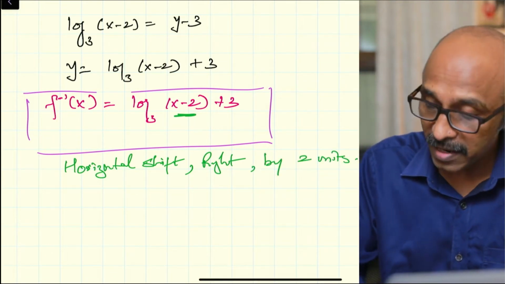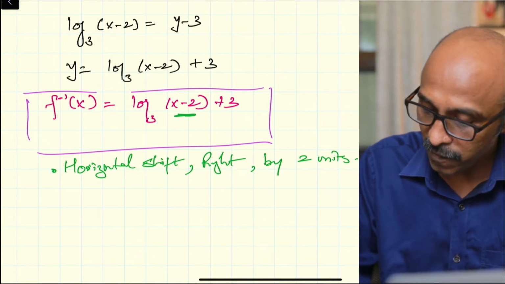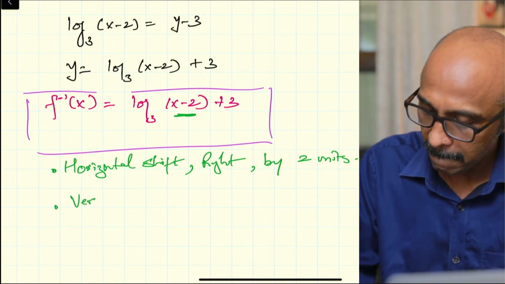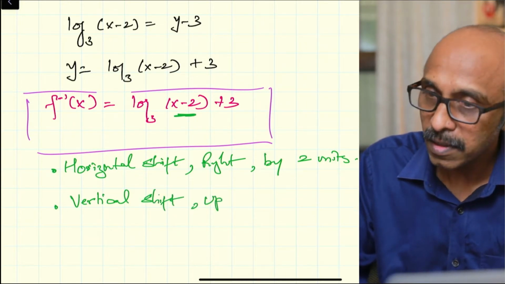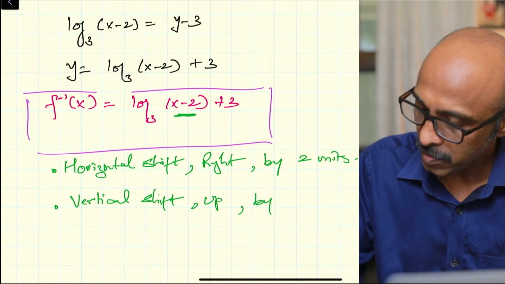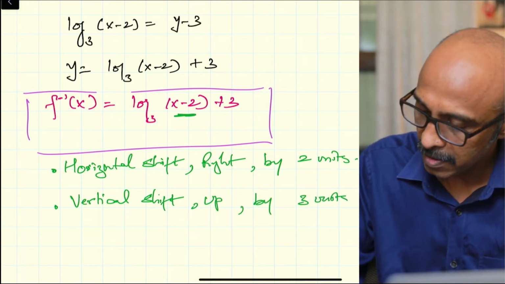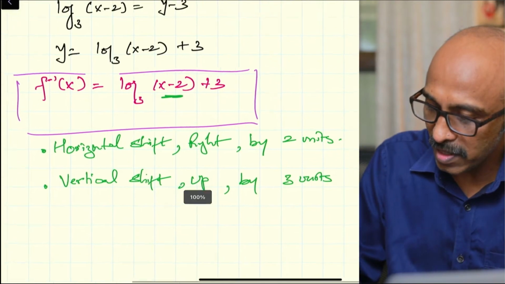And then there is a vertical shift up by 3 units.